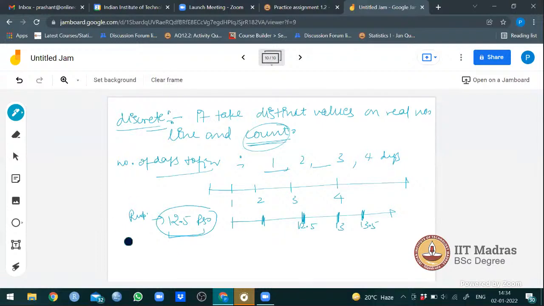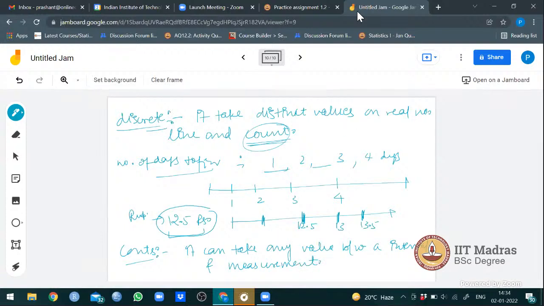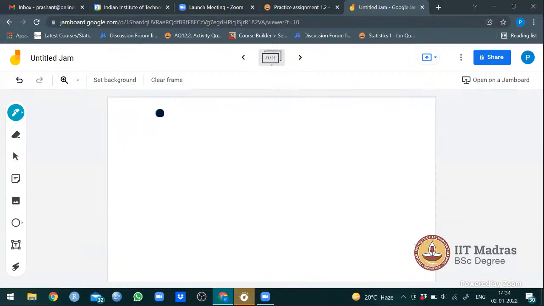And for continuous, it can take any value between an interval, and there is the concept of measurement. If you are measuring something, then it will be continuous. Suppose you are measuring the weight of a person.